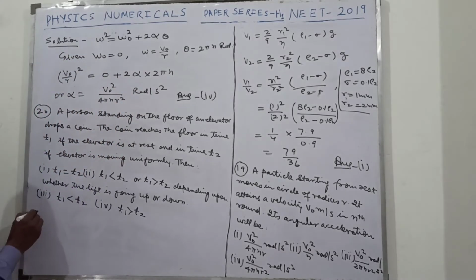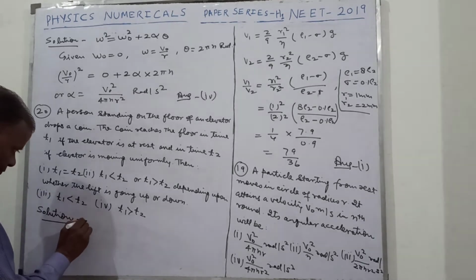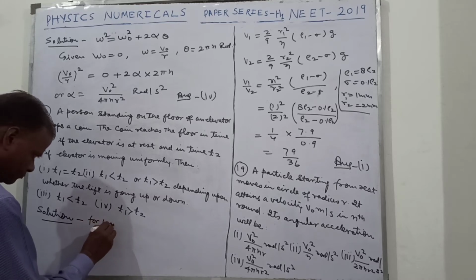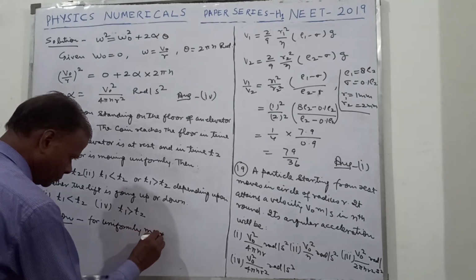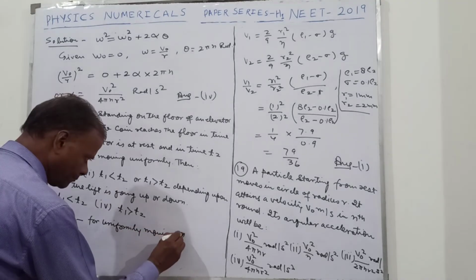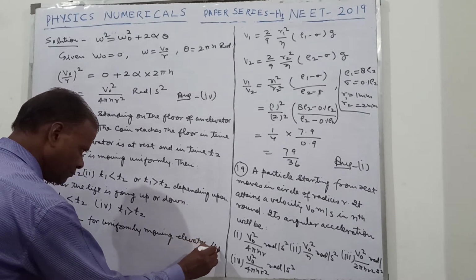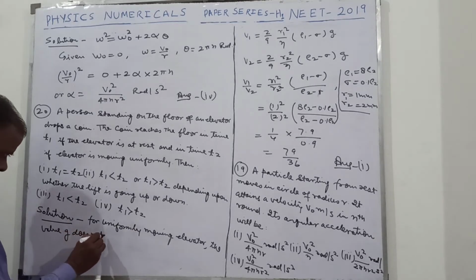So now the solution is what? For a uniformly moving elevator, the value of g does not change.